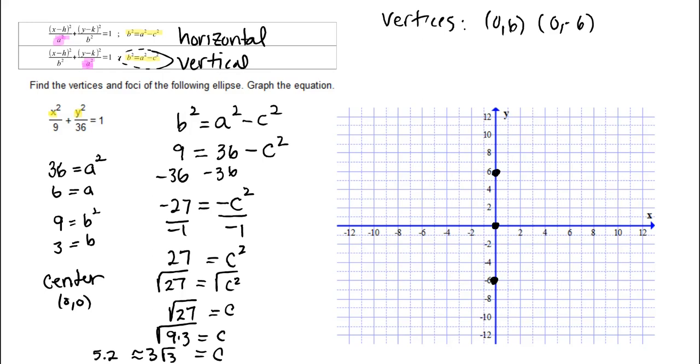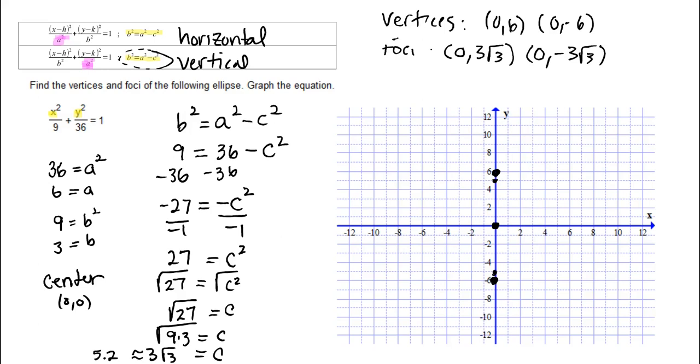So I'm going to go up and down from the center about 5.2 to about here and here, and that's the location of my foci. So my foci will be at 0, 3 square root of 3, and 0, negative 3 square root of 3.